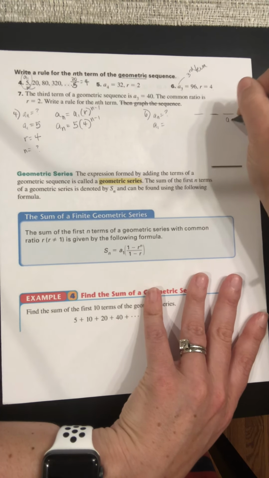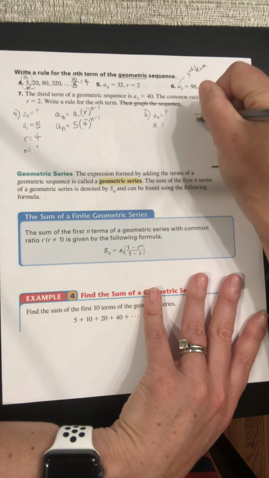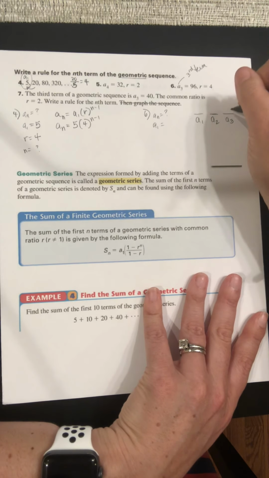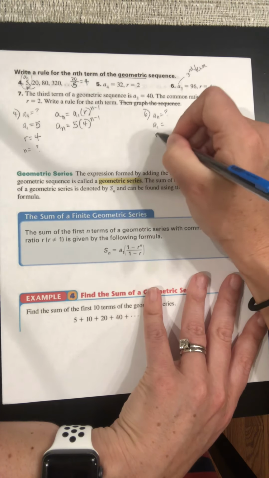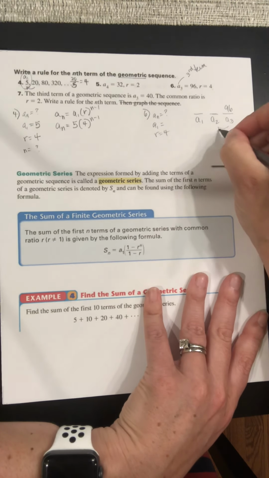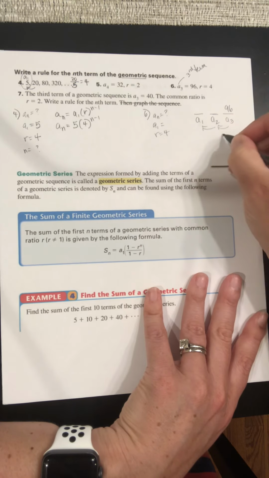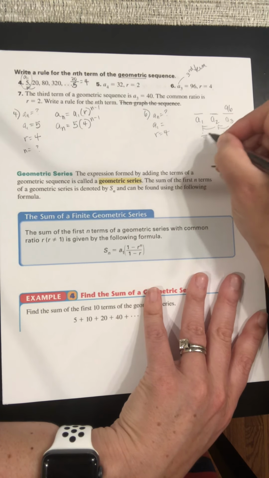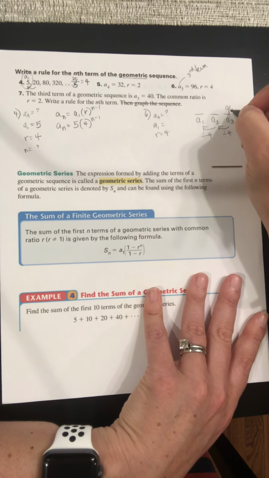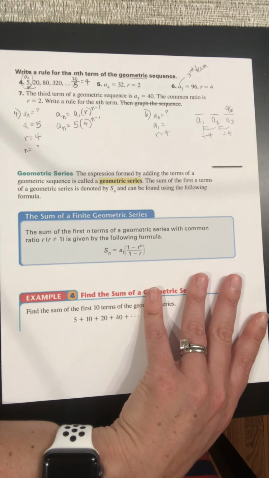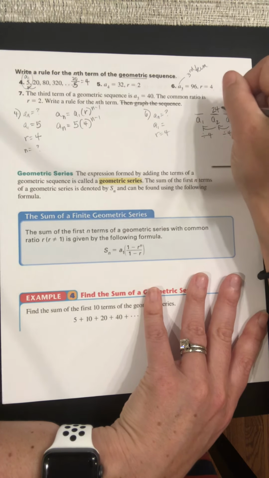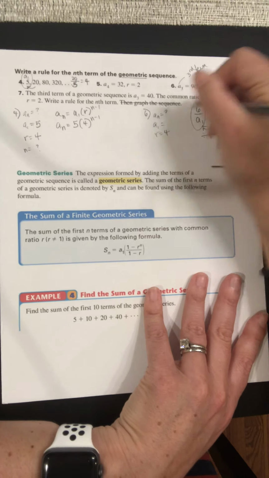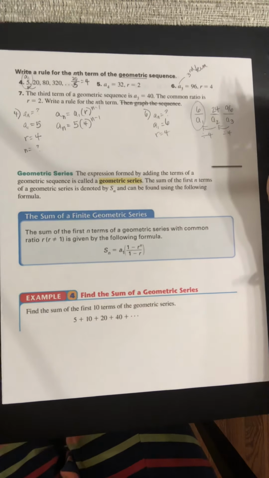So if I have a sub 3, I've got to work backwards to get to a sub 1. This is at 96. Remember, we have r, and we're going to divide by that quantity. So 96 divided by 4 is 24. And then that divided by 4 is 6. So a sub 1 is 6, okay?